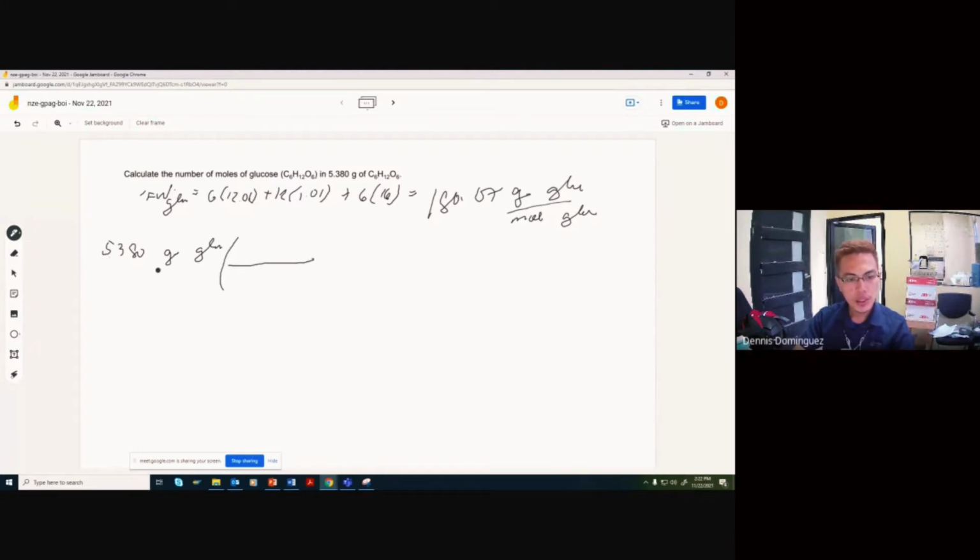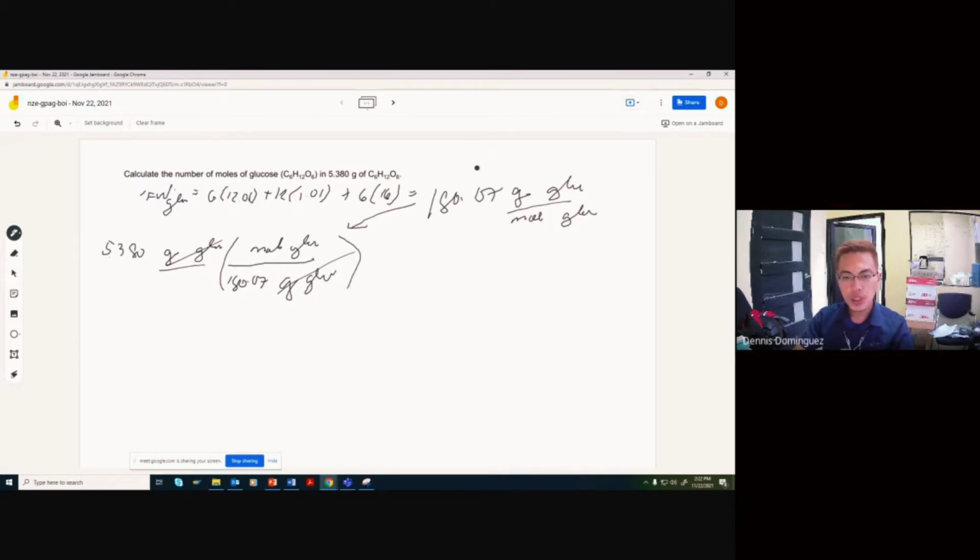Again, to cancel the grams of glucose, you need grams of glucose in the denominator. So the relationship we use is the molecular weight of glucose, 180.07 grams of glucose per mole of glucose.